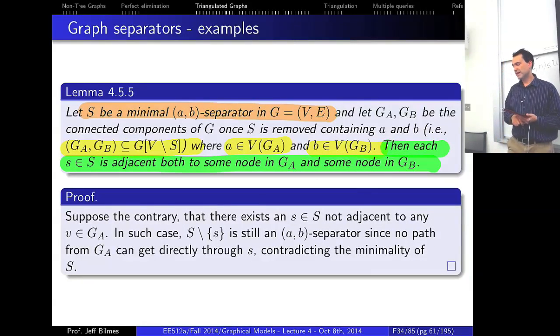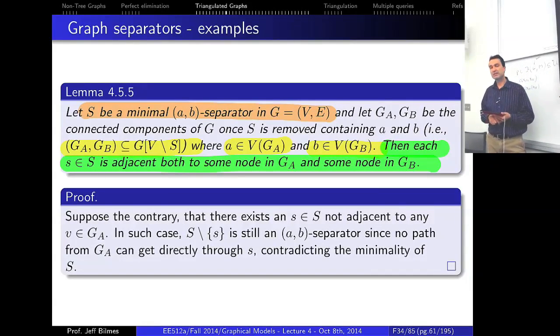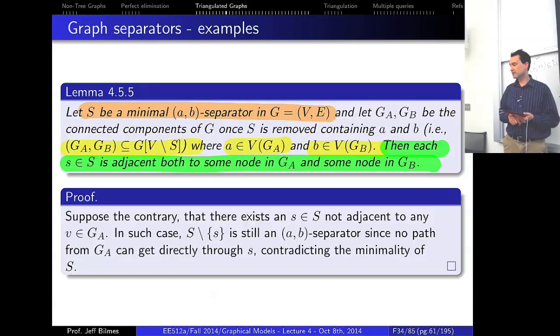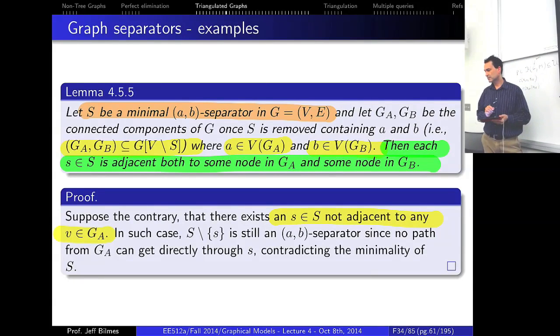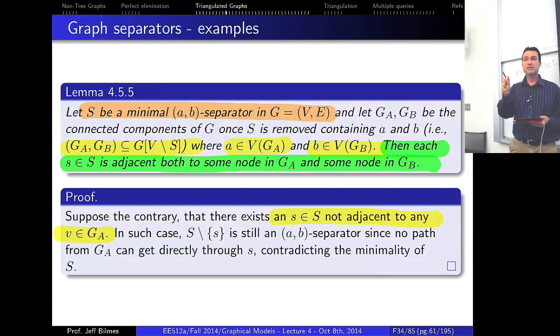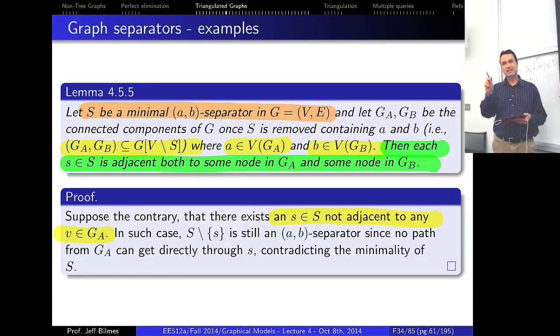And to prove that, it's a very simple proof. It's basically saying, suppose to the contrary, that in a minimal separator there is some node in S that's not adjacent to any node in, say, GA. Okay? Then if we remove that node, the remainder is still an A-B separator, because you can sort of bypass that vertex, since it's not connected to anything in GA.